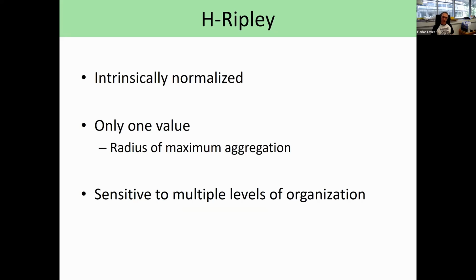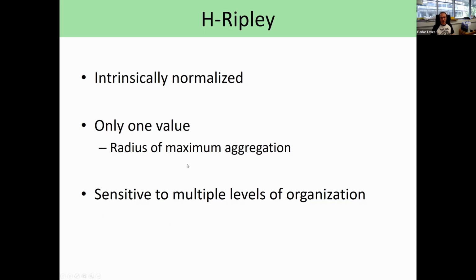So what is good with Ripley functions is that they are intrinsically normalized. And it's very important because that means that you can use it exactly the same way with data that have different localization density. One of the limitations is that it gives only one value. So it's great if you only want one value, but you won't have, for instance, the distribution of the clusters, which may interest you.